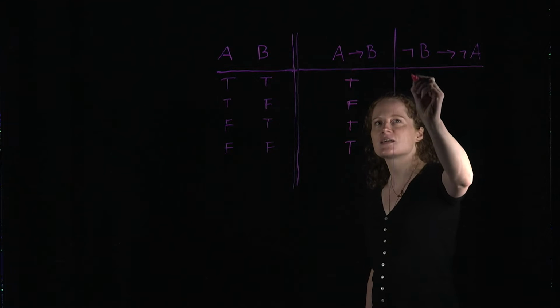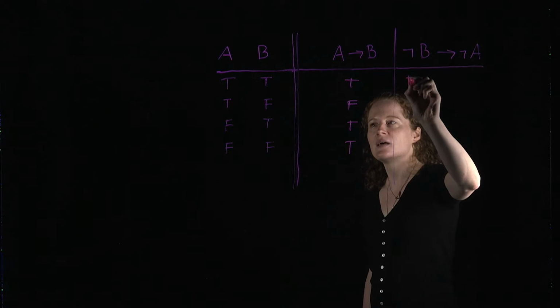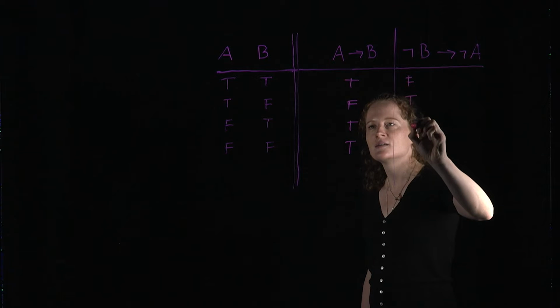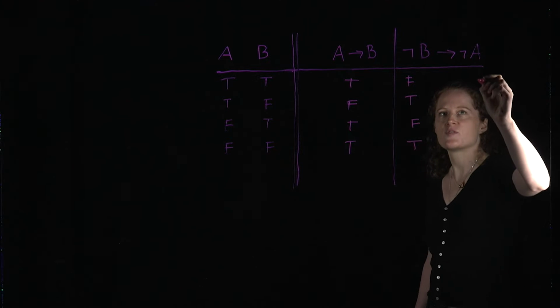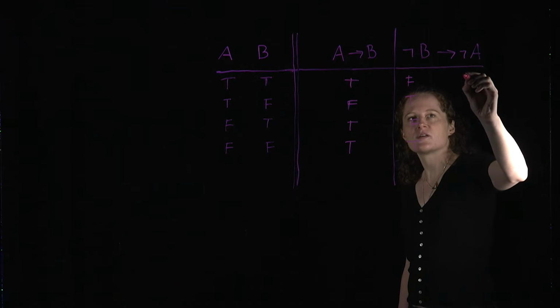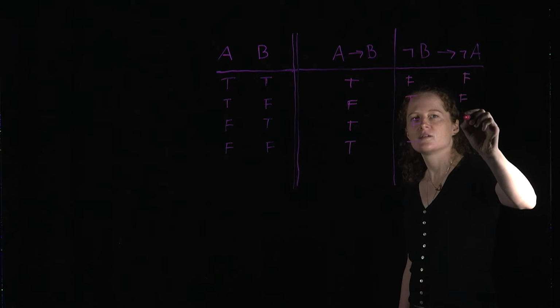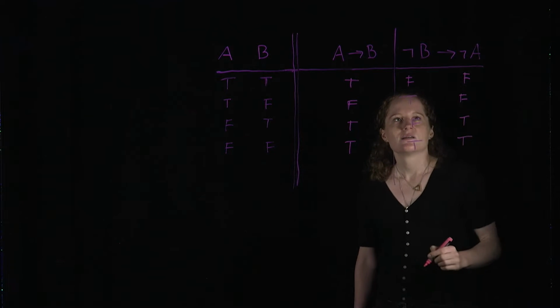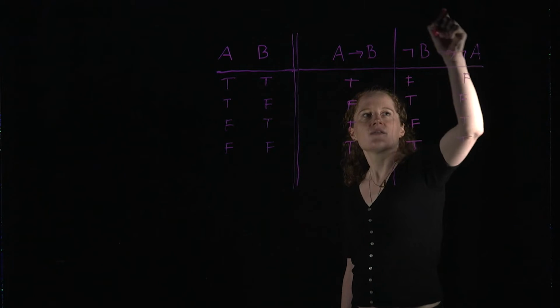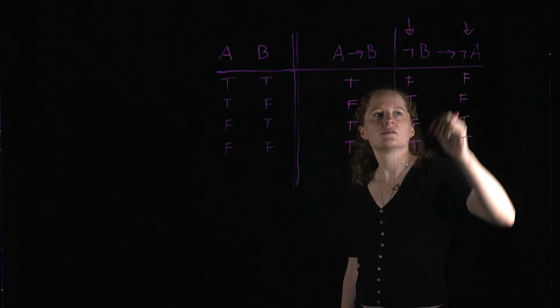Now the negation sign just flips the truth value of B. So that's going to be F, T, F, T. And the negation sign before A flips the truth value of A. So that's going to be F, F, T, T. Now, in order to figure out the truth value of this conditional, we need to look at these two columns.